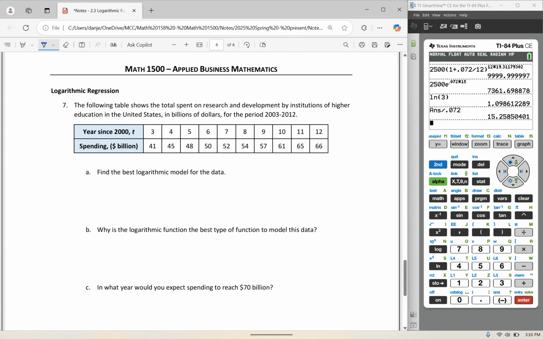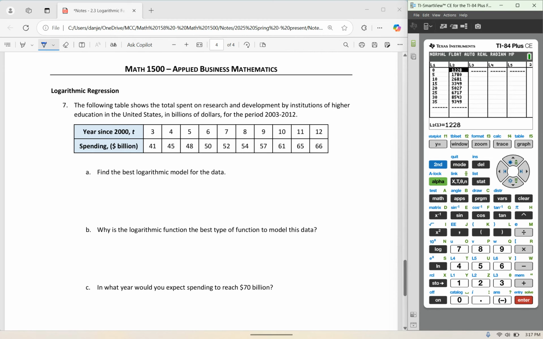T is the number of years since 2000. Spending in billions. This is for research and development by institutions of higher education in the United States, what they've spent. Okay, so if t is the number of years since 2000, I'm going to go to stat, edit.